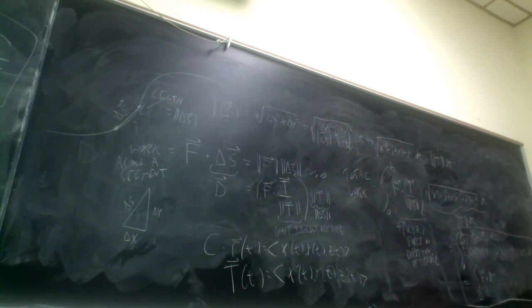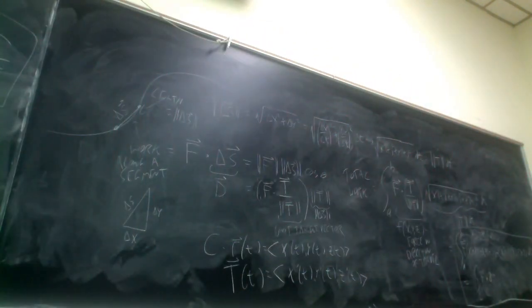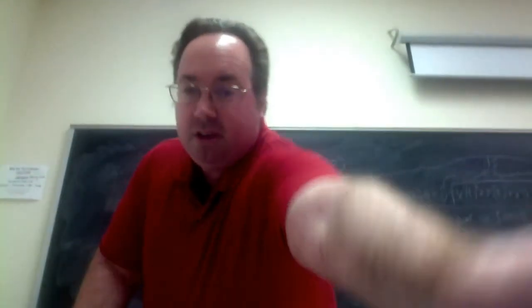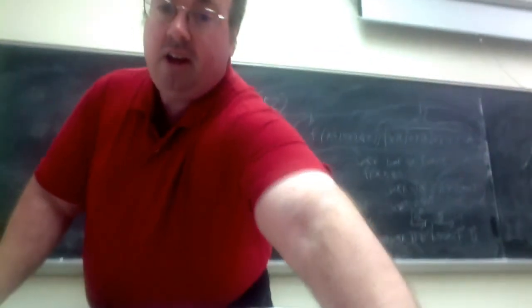That's a vector field. So it has components x of t, y of t, and possibly z of t if it's 3D. And this is what we're actually more interested in because of applications. I really mainly went through the other one just to derive this one. So you're more likely to see this on a test or homework, but it's good to see how it relates to the other one. This one, your integrand, is just a scalar valued function. Those are the ones that I did some examples of already.